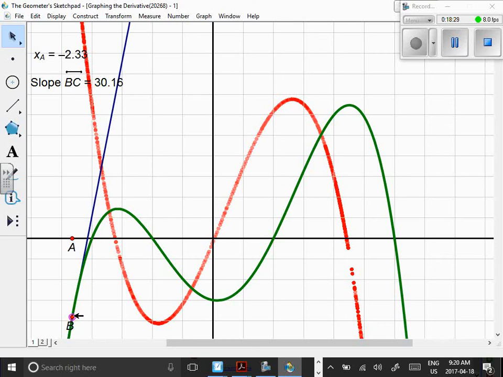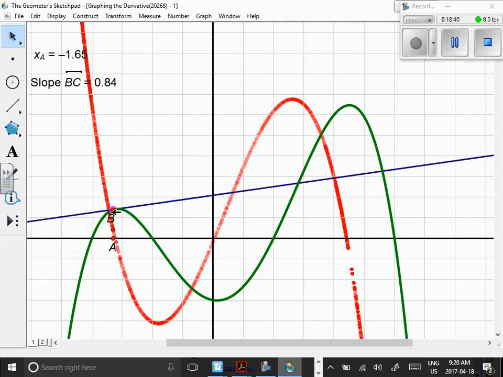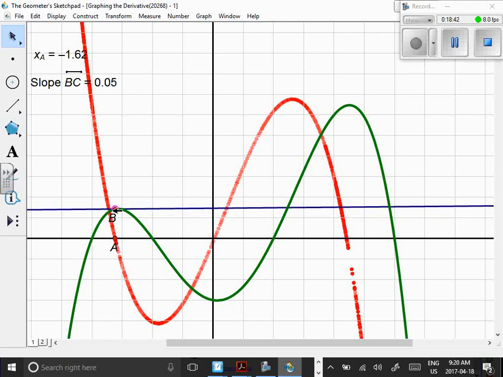And as we move along, you'll notice it's getting smaller and smaller and smaller. When I get here to this maximum, and it's hard to get right on it, what's the slope going to be at that point? 0. The slope is 0, and look, the derivative is 0, because the slope of the tangent is 0.